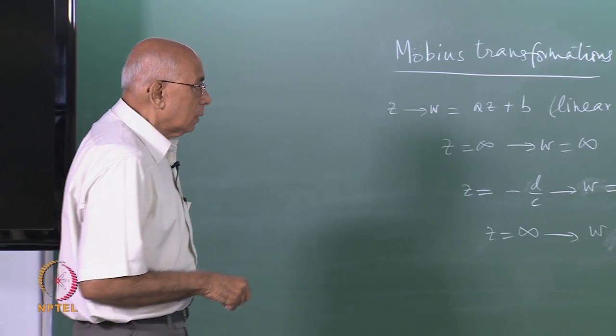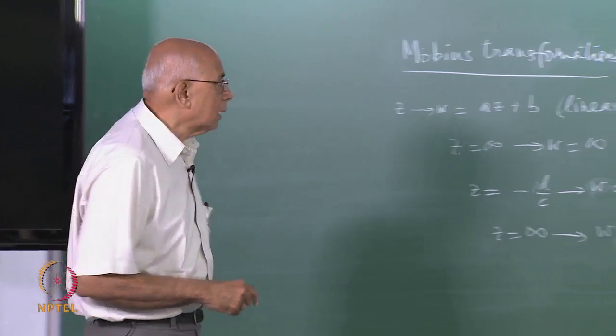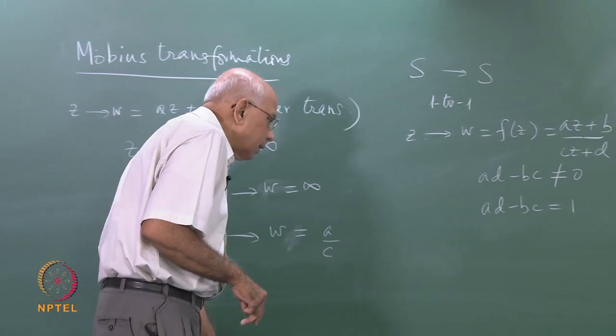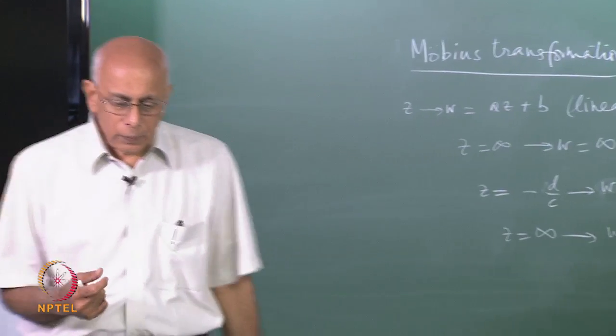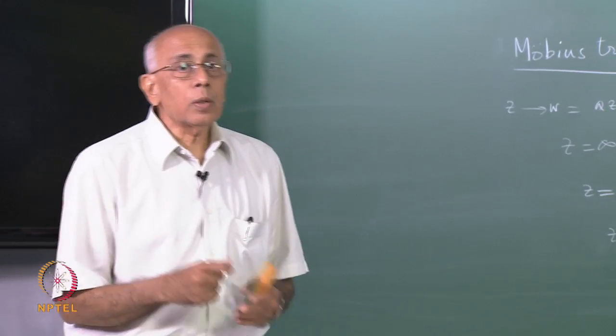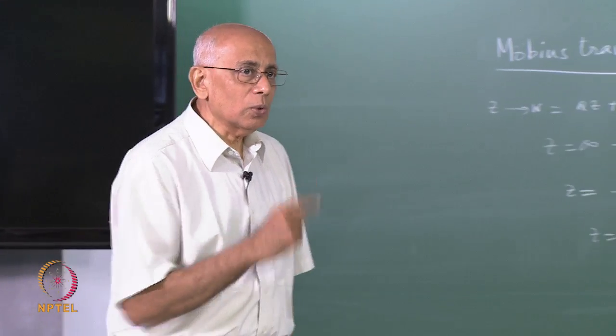Okay, now how do we go about analyzing all possible such transformations? Well, the first important concept is that of a fixed point. Whenever we look at transformations, one should always ask what points, if any, are left unchanged by this transformation, and then you work around those points.